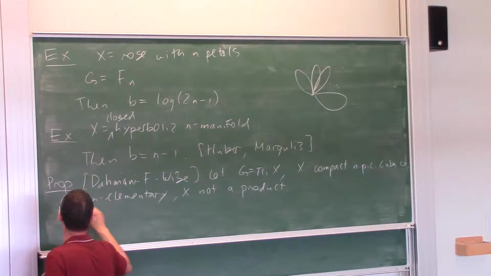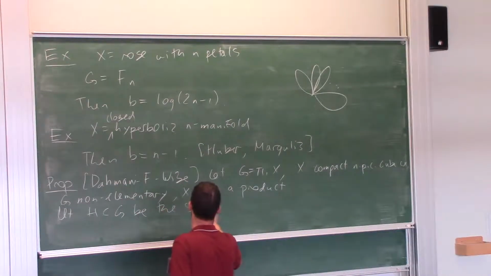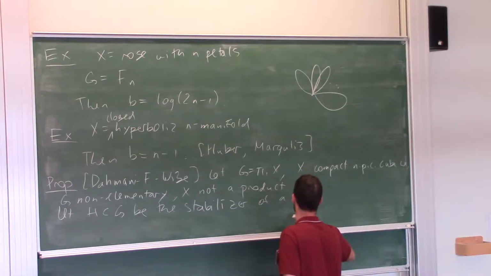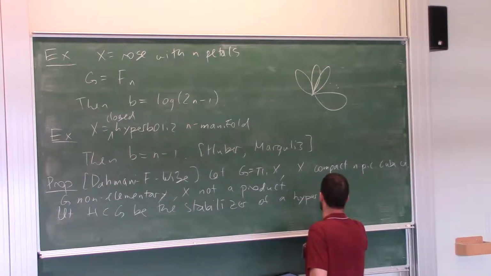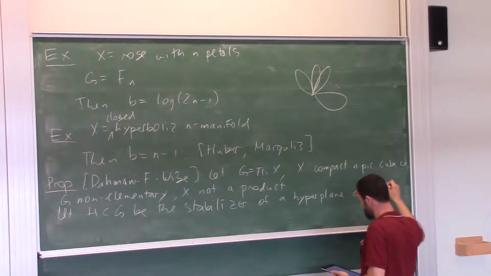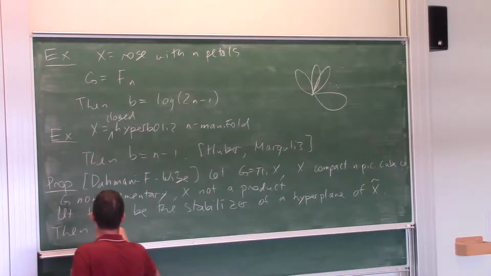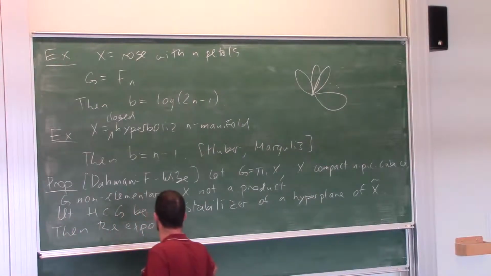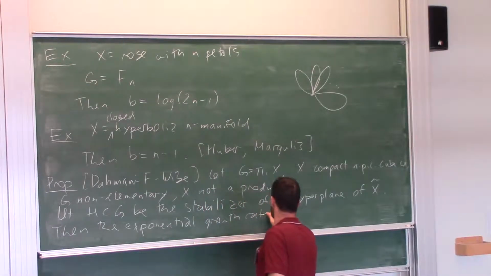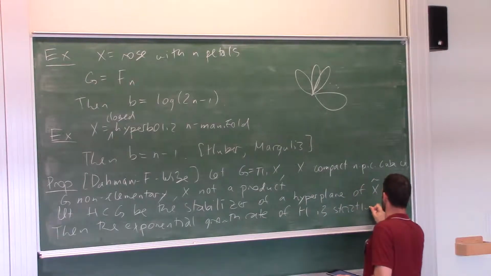Let H in G be the stabilizer of a hyperplane of the universal cover. Then the exponential growth rate of H is strictly smaller.